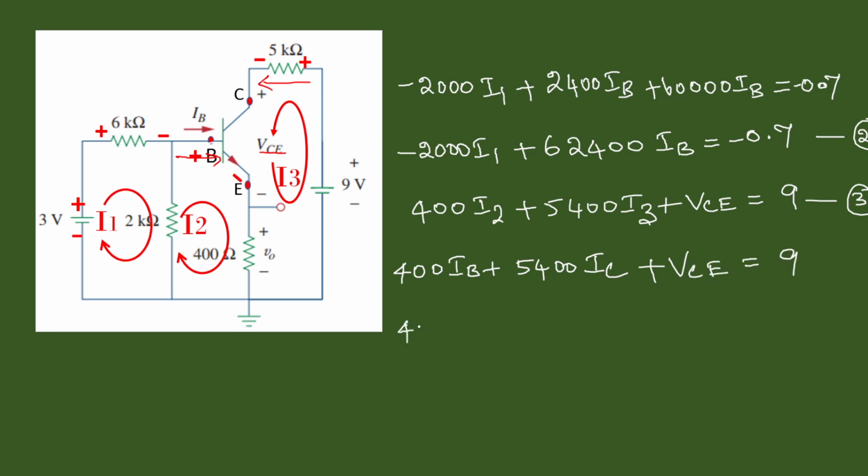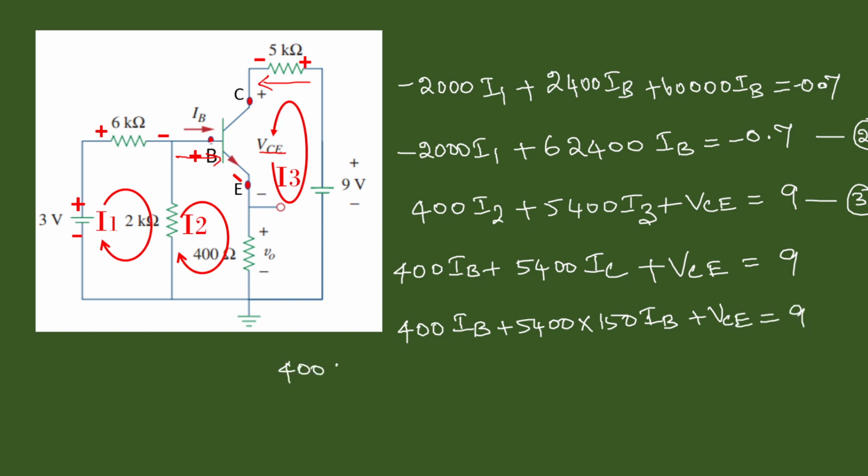So it is 400 IB plus 5400 into 150 times IB, right? Plus VCE, that is equal to 9.